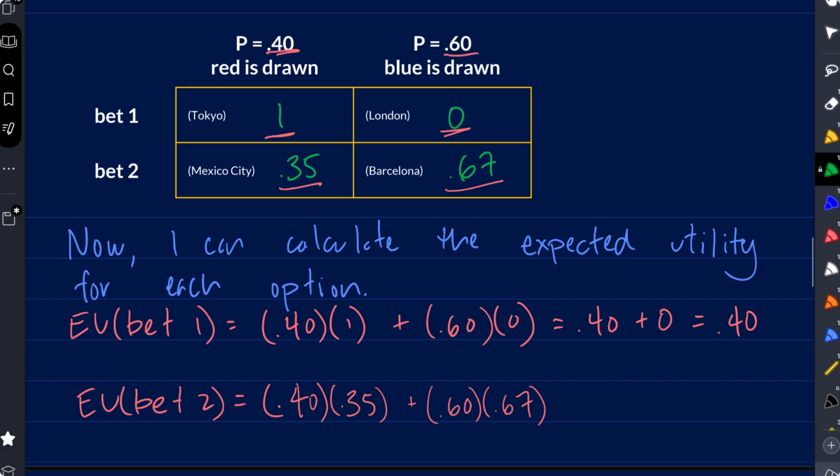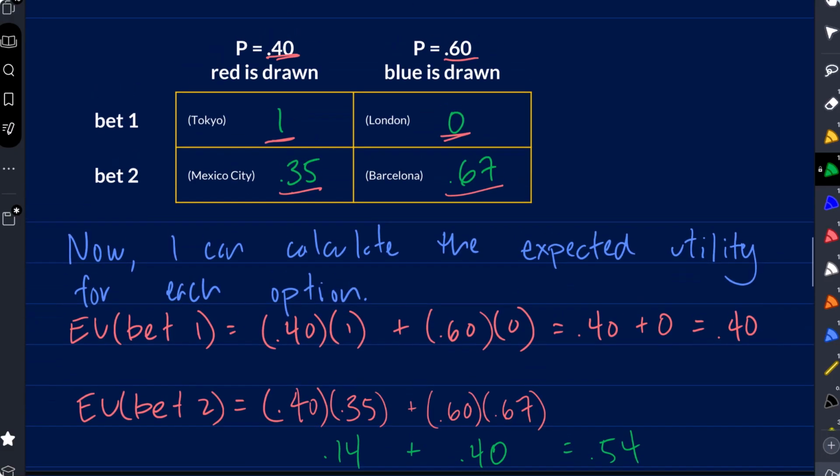So that's going to be 0.14 plus 0.4, which equals 0.54. So following the expected utility strategy, I would pick the option with the higher expected utility, which is bet 2.